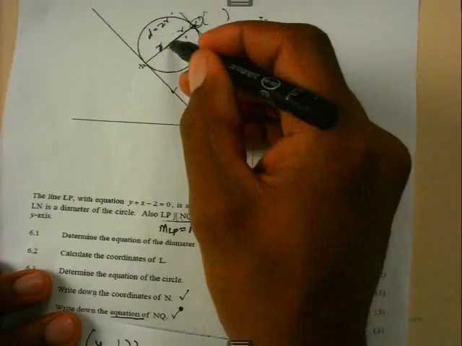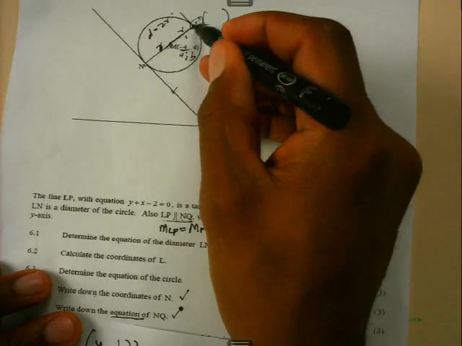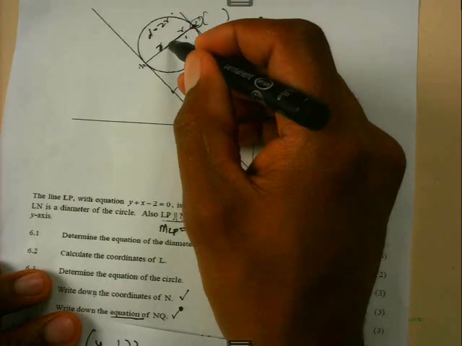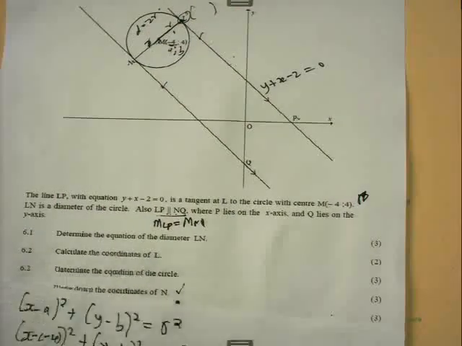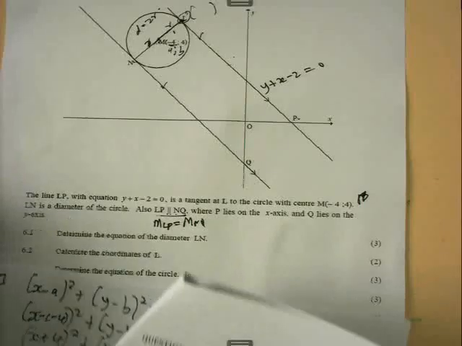Then it means the distance from the center to N and also the distance from M to N are the same. Right. Of course, boys and girls, I think now you remember everything because I tried to do this one for you so that at least you have a better understanding of the analytical geometry of grade 12.